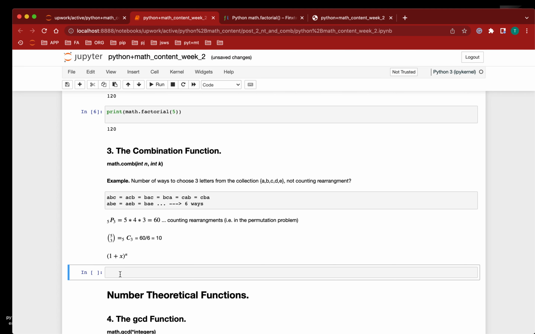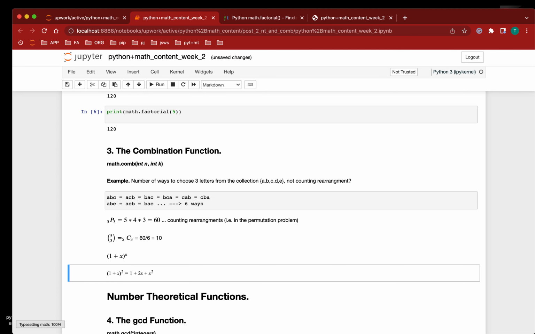So for instance, if you had (1 plus x) squared, you might recall from middle school algebra that you can expand this out and get 1 plus 2x plus x squared. And so the coefficients are 1, 2, and 1. And indeed, this is 2 choose 0, 2 choose 1, and 2 choose 2, etc.